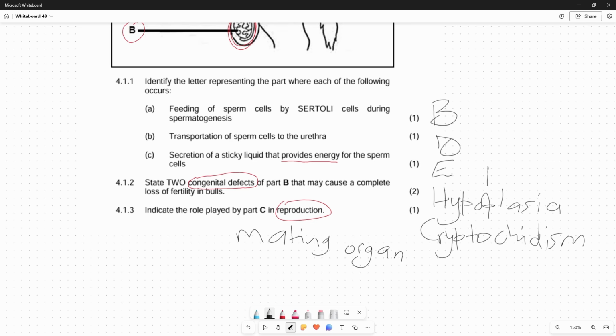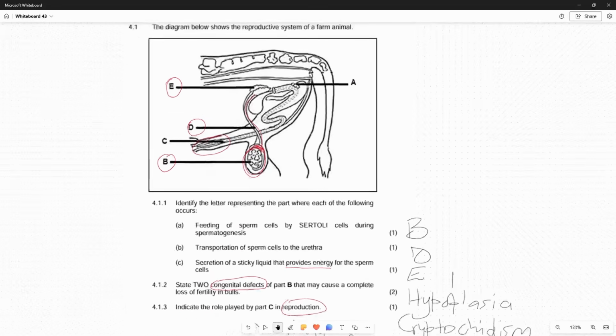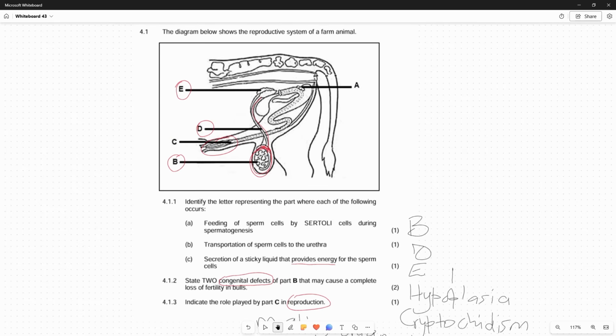All right, so these were some of the sampled questions I wanted you to see, how we examine this section of reproductive systems. And the other important part, when it comes to reproductive problems, you must be careful. If the examiner says, name the condition, you're going to say hermaphroditism, infertility, sterility.